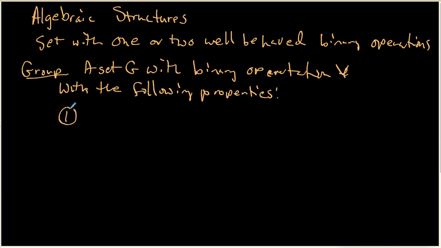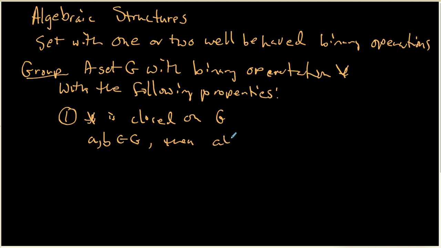The first property is that star is closed on G. And what that means is that if A and B both belong to G, then A star B also has to belong to G. The second thing that we're going to demand is that star is associative.